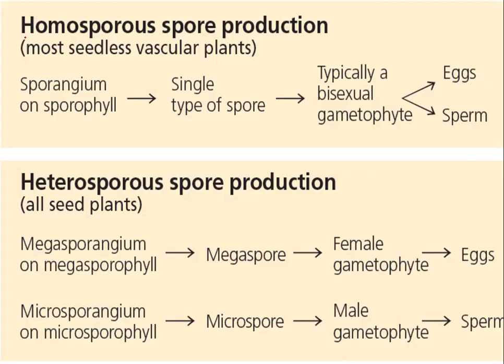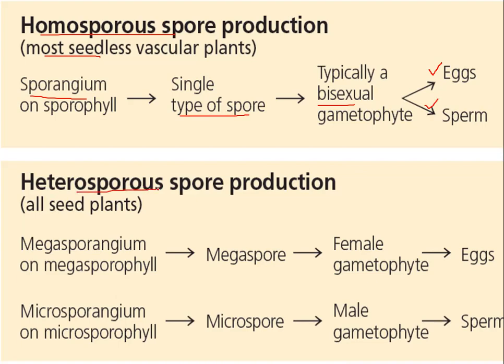You can see from here, this is homosporous spore production, where most seedless vascular plants have this type, producing one type of spore. The sporangium on the sporophyll produces a single type of spore, which will develop into a bisexual gametophyte, which later produces eggs and also sperm.